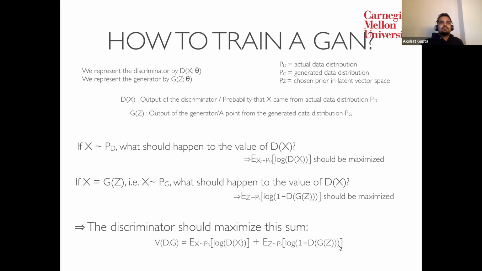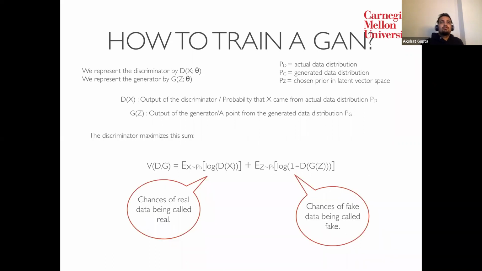This is the training objective of the discriminator: to maximize the chances of calling the real data real and the chances of calling the fake data fake. That's what the discriminator wants to do.